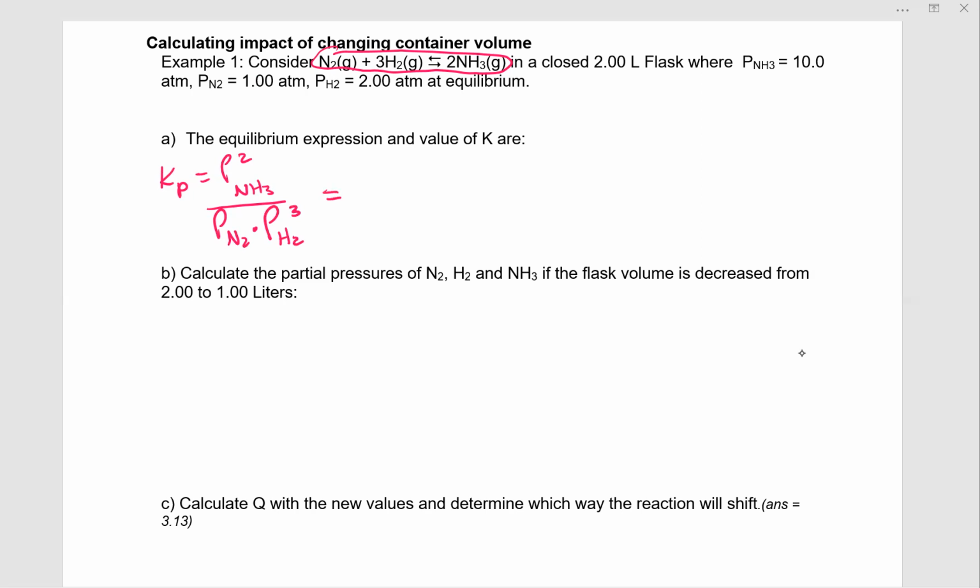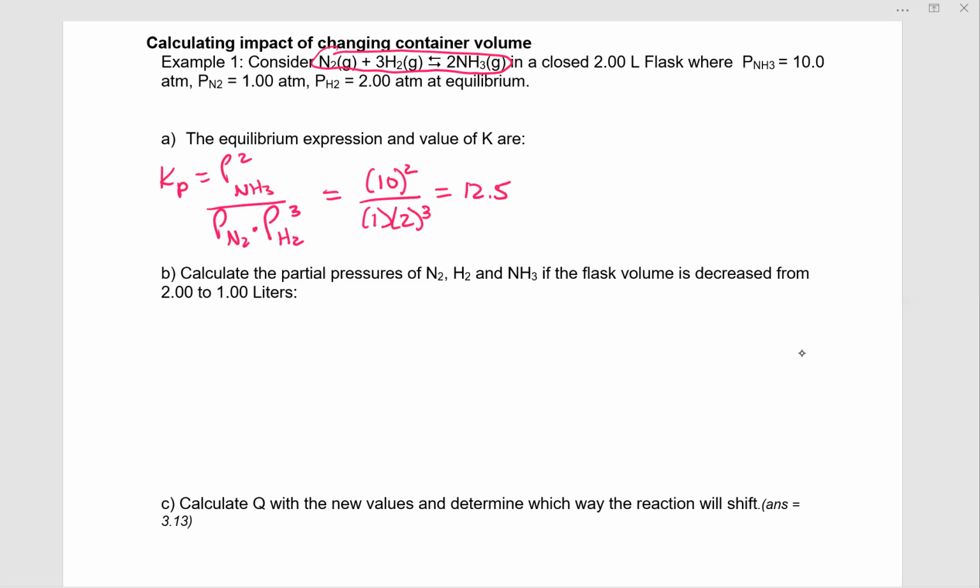So that is going to be 10 squared over 1 times 2 cubed, which is 12.5. Now what you're going to do is calculate the partial pressures of nitrogen, hydrogen and ammonia if the flask volume is decreased from 2 to 1 liters.